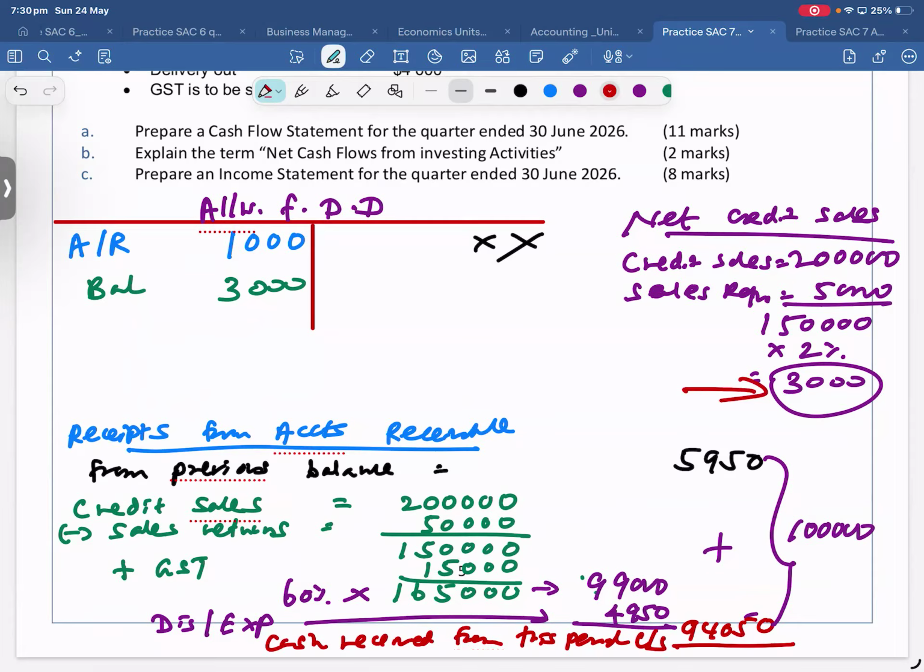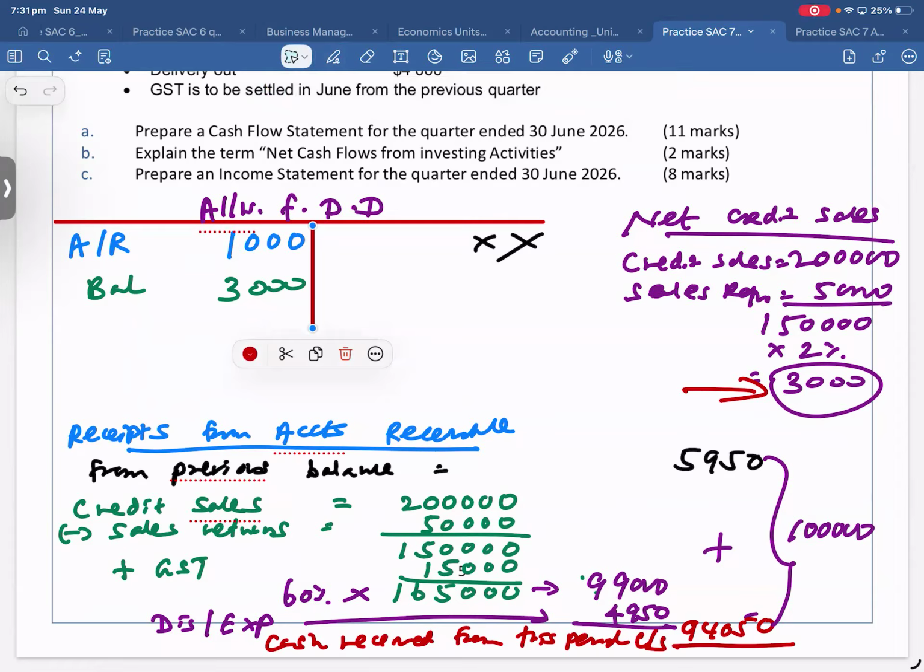This 3,000 means we are telling the users of the reports, look, we have made net credit sales of 150,000 in this period. We are not sure to collect 3,000 from this debt. That is technically going to be collected in the next period.